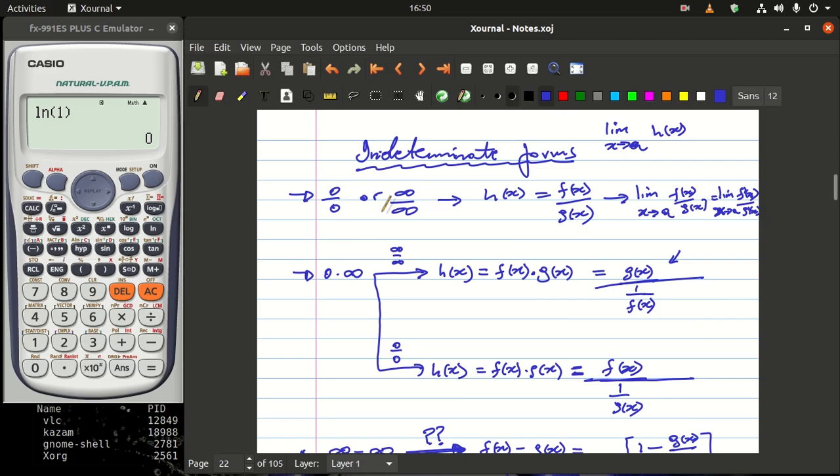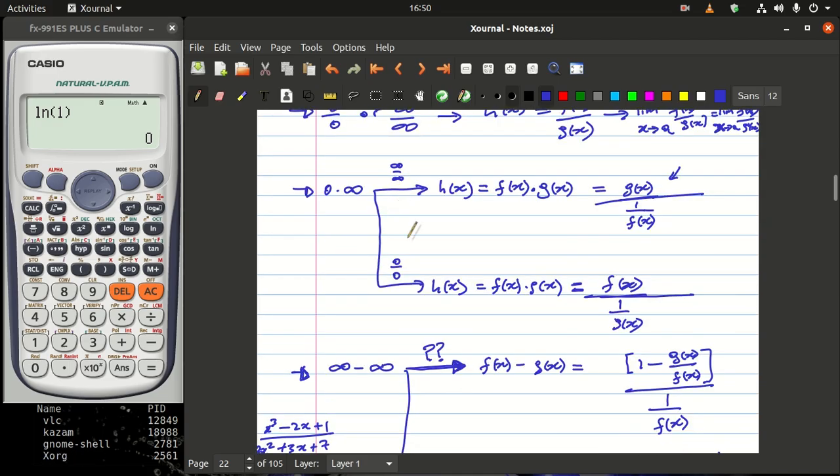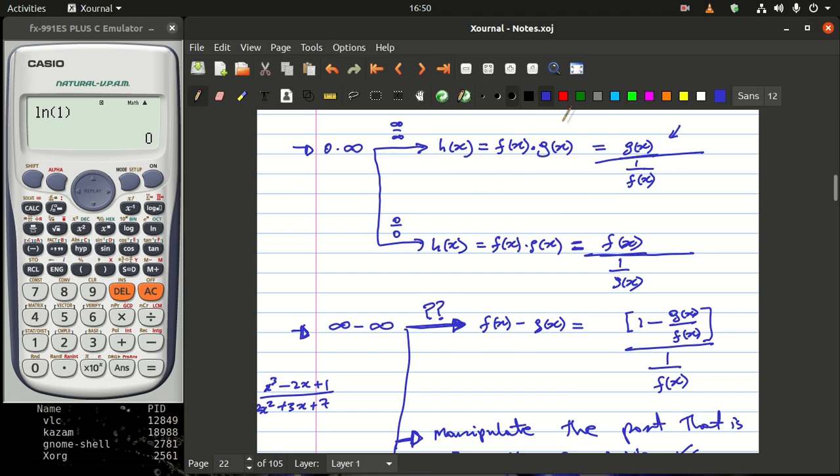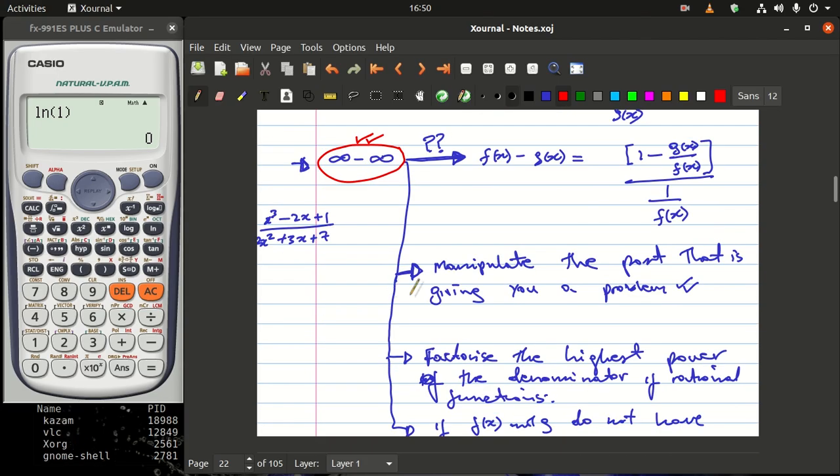Infinity over infinity, just straightaway use L'Hopital's rule. If you are having 0 times infinity, I'm always telling you to use L'Hopital's rule. But if the function can be manipulated, I usually say go for L'Hopital's rule after you have manipulated the function.